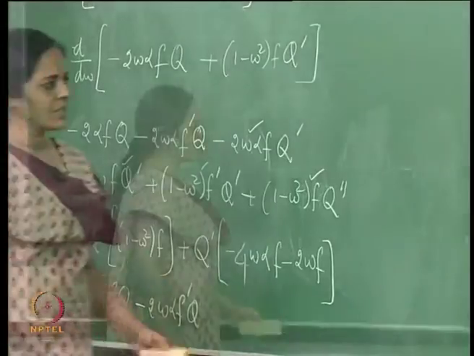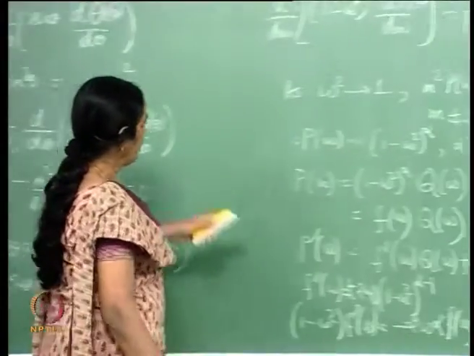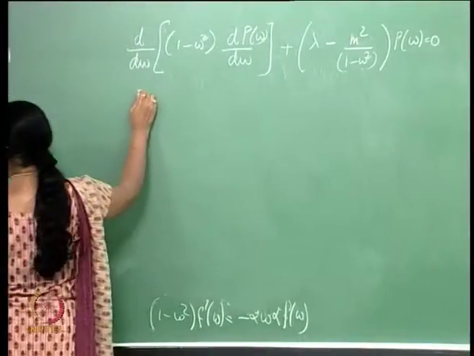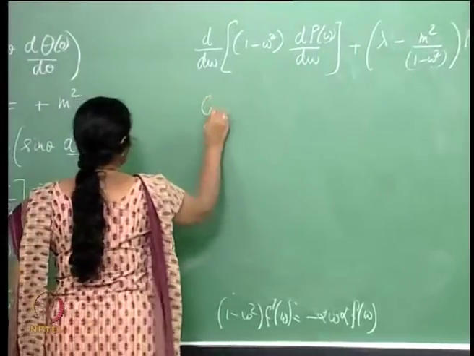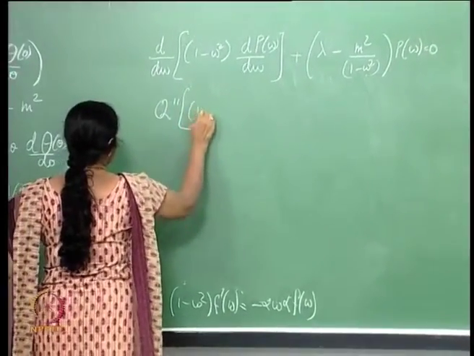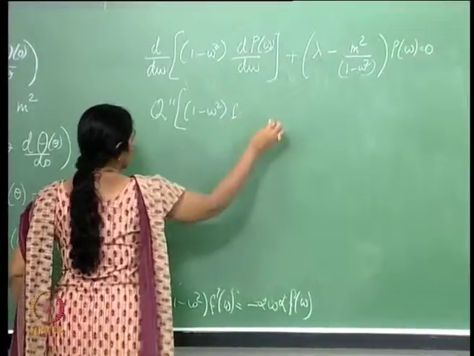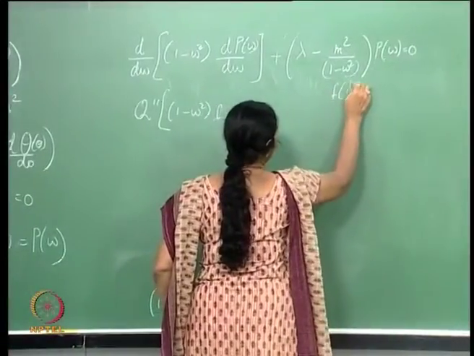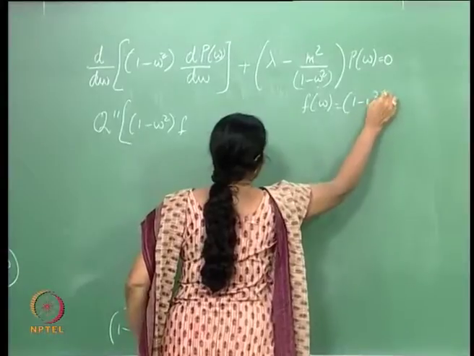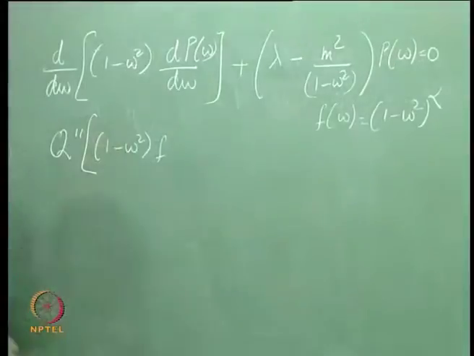So, now I can just add it all up. So, this just becomes q double prime times (1 - w^2) f. Recall that f of w was (1 - w^2)^alpha, where alpha was greater than 0.